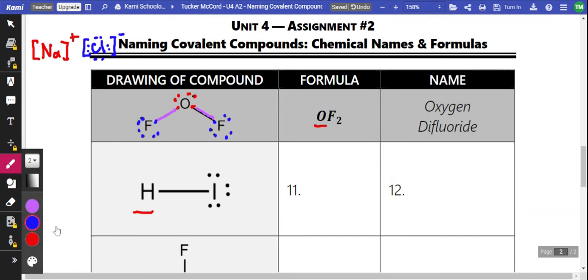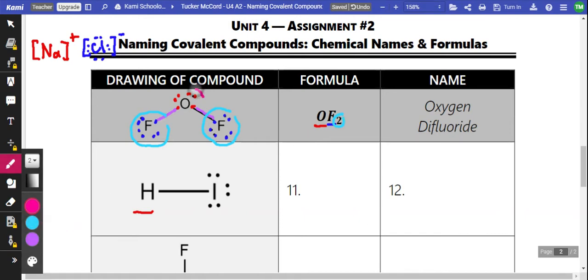So in this first example, oxygen comes first, fluorine comes second. And again, the only thing that counts is how many atoms of each element there are. So in this case, we have 2 fluorines, which is why we have this 2 here.